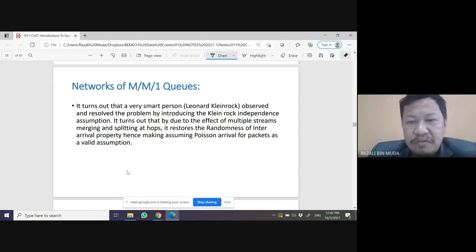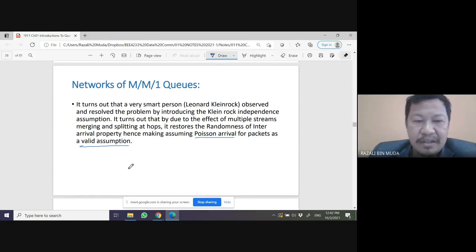Due to the effect of multiple streams merging and splitting at hops, the randomness of the inter-arrival property is restored, therefore assuming a Poisson arrival for packets is a valid assumption. So this assumption becomes valid.